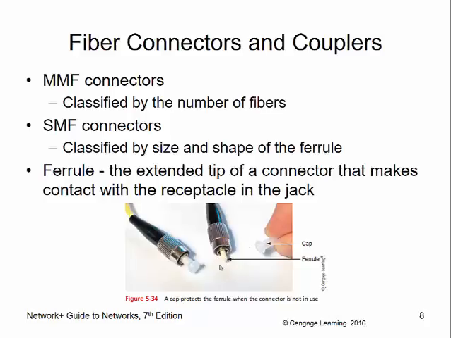And that little ferrule you see right there in the middle is a material that is adhered to that little hair inside the cable. Sometimes it's done by crimping it on, sometimes it's done by gluing it on. But at any rate, if you beam light through this cable, you'll see the light appear out of the end of that little ferrule. It's delicate, so you put this old plastic cap on the end to protect it in the event it's not plugged in.